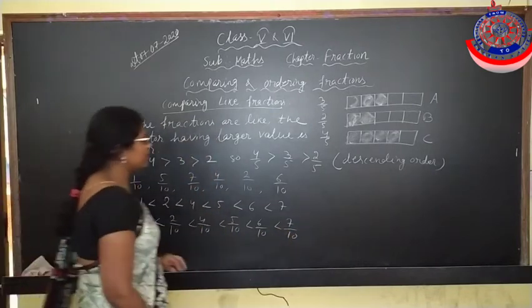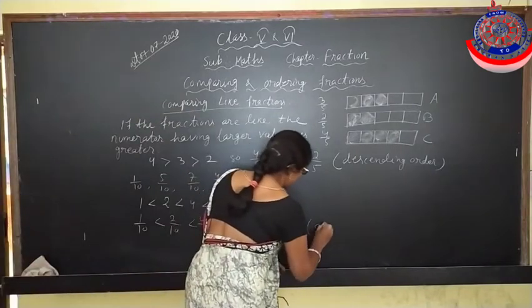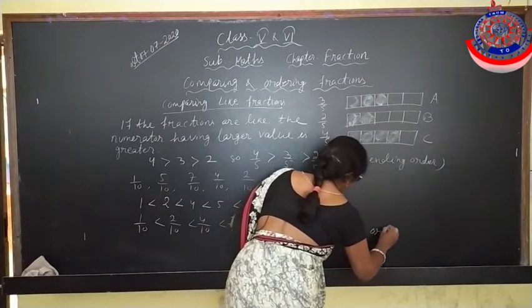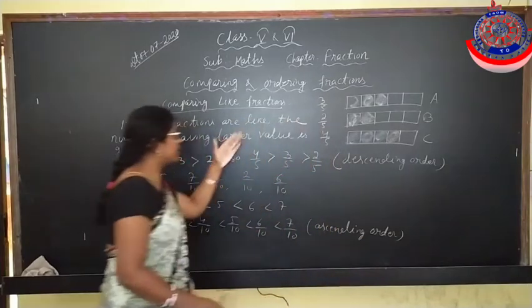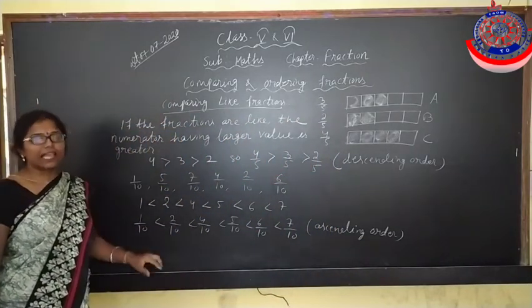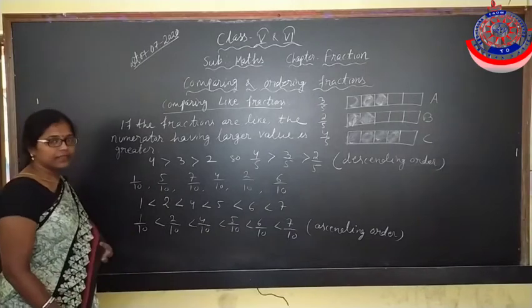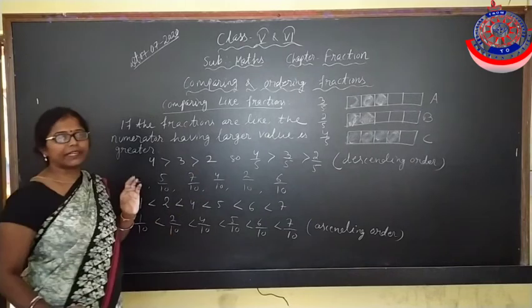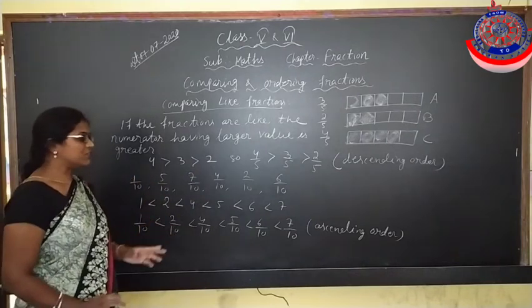Now they are arranged in ascending order. I think now you are clear about comparing and ordering in case of like fractions. It's easy. If the fractions are like, just compare their numerators and you can arrange them.